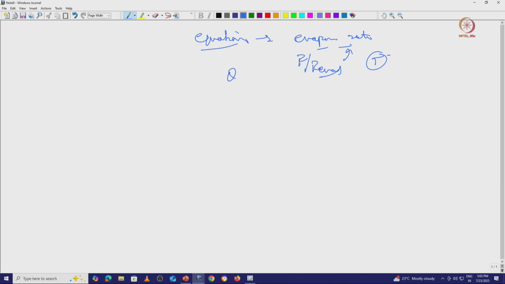We also discussed the energy barrier, which is a function of the applied field, and when the energy barrier becomes 0, that particular field we call the evaporation field. Okay.